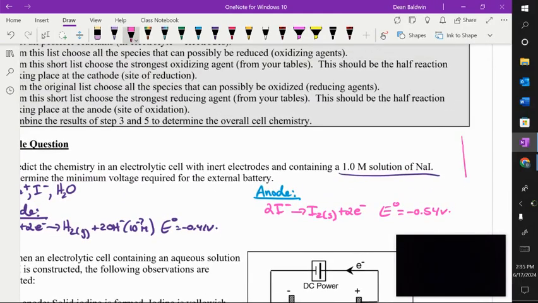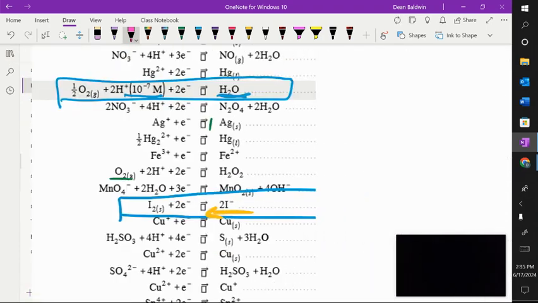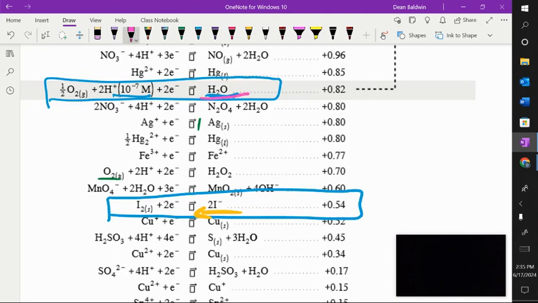So if you think of your table, cathodes are on this side of the table, the highest on the left side. Anode reaction will be lowest on the right-hand side. So how do we know that the water that's below the iodine is? Because it's not written on the right-hand side. Like you're reading it, this is water on the right-hand side as being reduced.